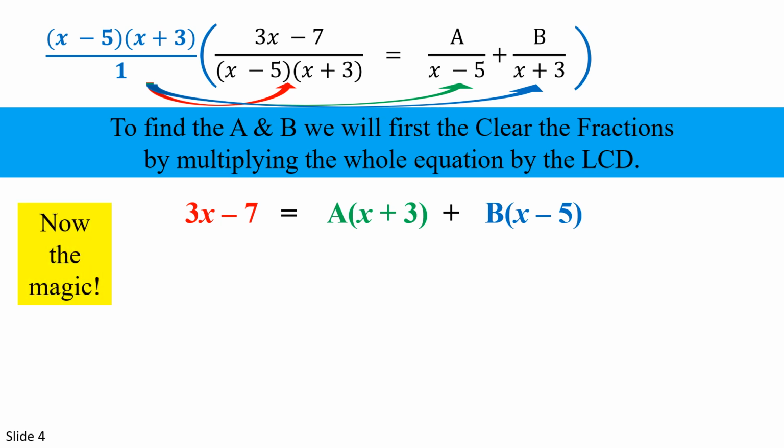Now the magic. Let x equal -3. Notice that the x plus 3 becomes 0, which means the A is no longer involved.